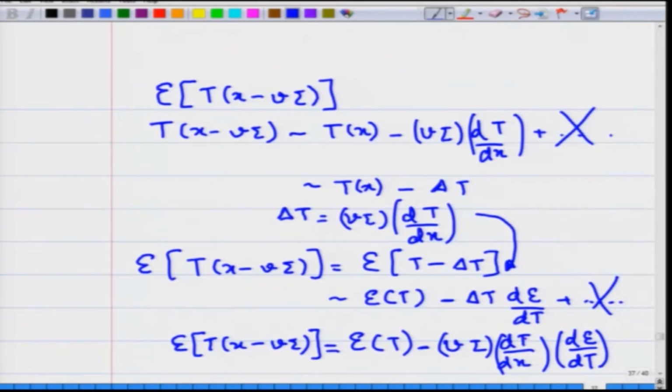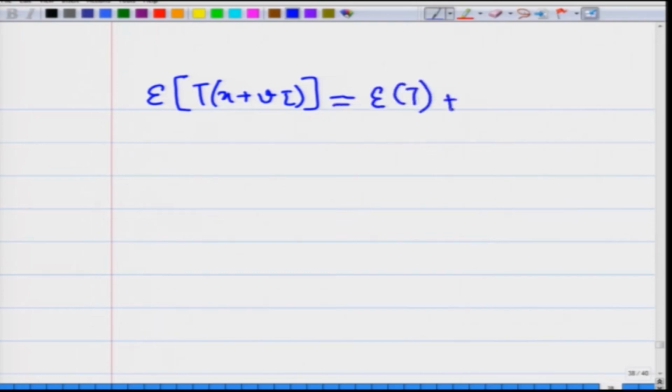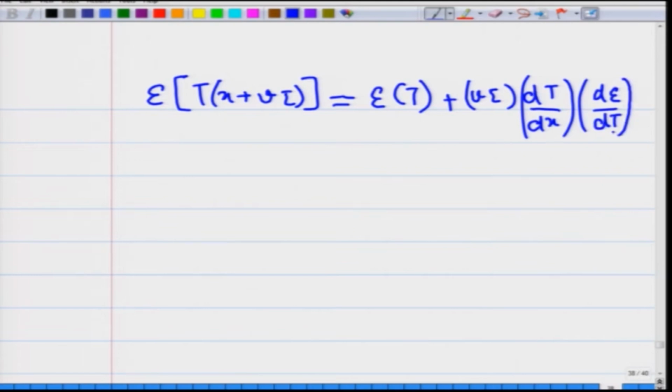And you can write a similar expression for the energy at temperature x plus V tau. This will be energy E of T plus V tau dT by dx into dE by dT.